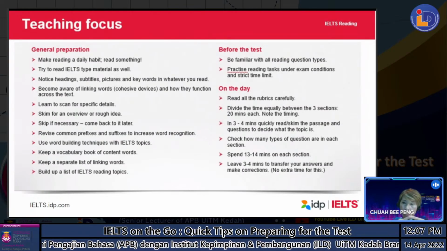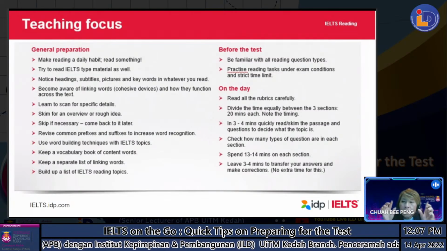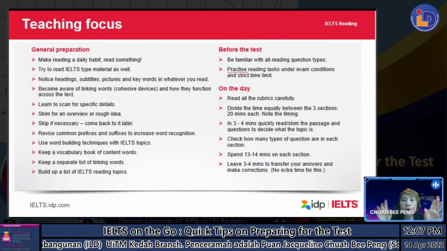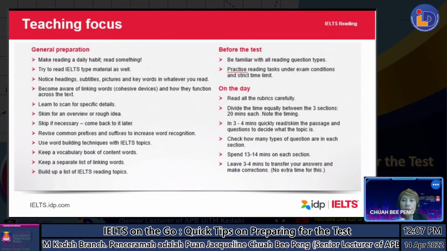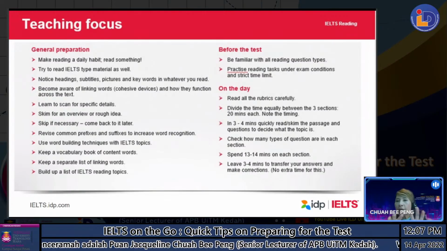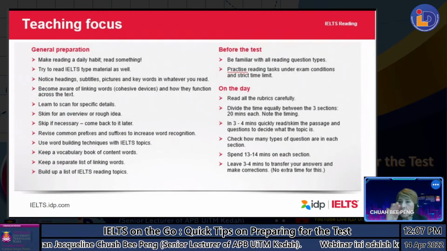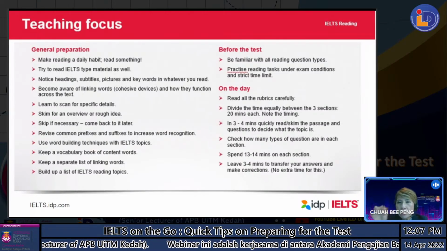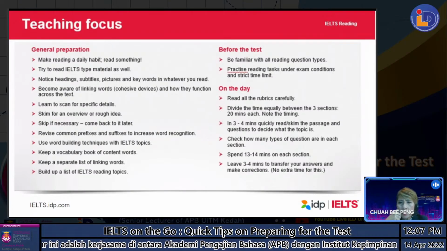Remember, for reading and listening, the way they arrange the text and the questions is from easy to difficult. So the more you can go towards the end, the higher your band score will be. That is how they differentiate band 3, band 5 and band 8 candidates.